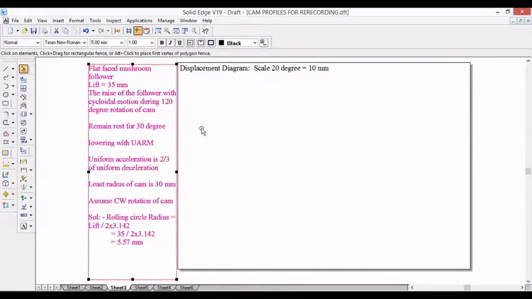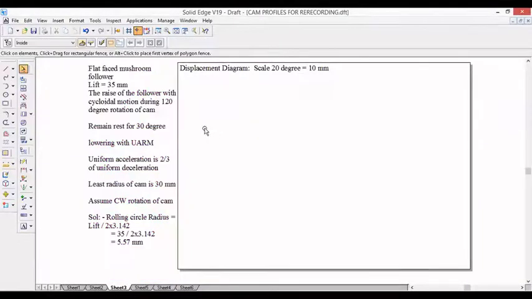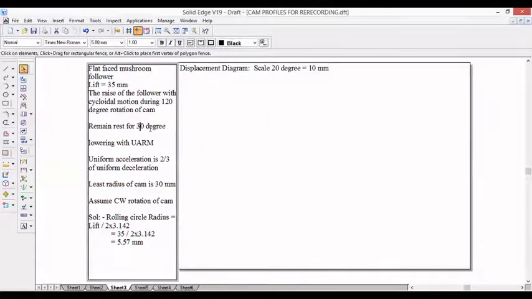Flat face mushroom follower, lift is 35 mm, rise is 120 degrees with cycloidal motion, and the dwell is for 30 degrees. The return stroke is uniform acceleration retardation motion, whereas acceleration is 2 by 3 times deceleration. Minimum radius of the cam is 30 mm and cam rotation is clockwise.